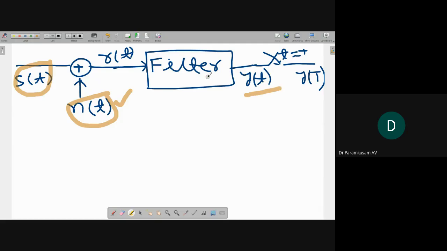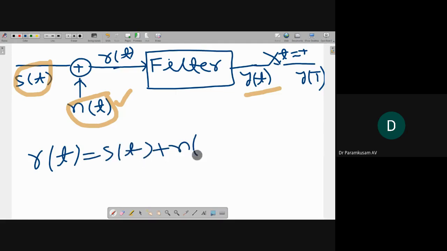And r of t is equal to s of t plus n of t, that is passed through a filter, and y of t is the response of the filter, and h of f indicates the transfer function of the filter.